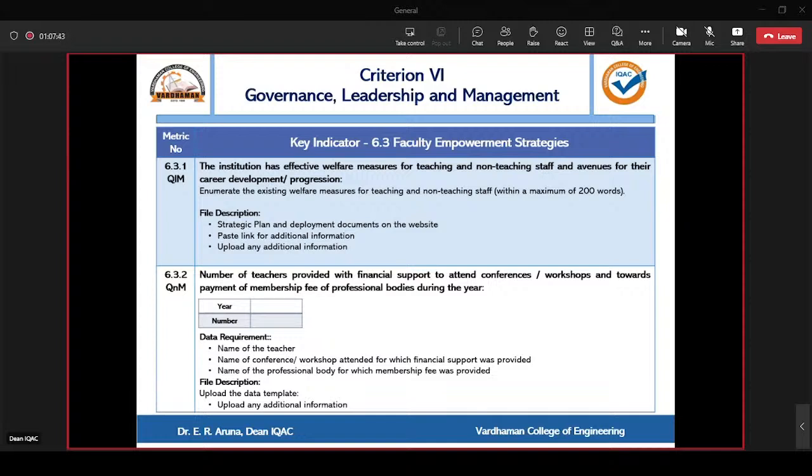Some of the welfare measures the institution must provide are promotions, increments based on self-appraisal, cash awards, and certificates of appreciation for academic excellence, incentives for publications and research articles, and financial support to faculty to conduct guest lectures, conferences, seminars, workshops, and FDPs. All these I'm listing under faculty welfare measures. We can also provide free transport or medical insurance, EPF, and pay commission recommendations as per the norms of the Act.